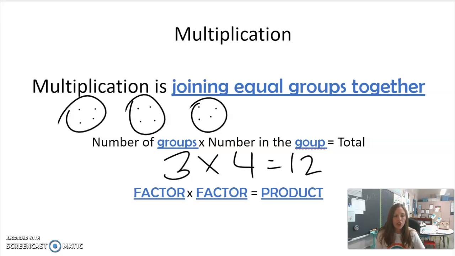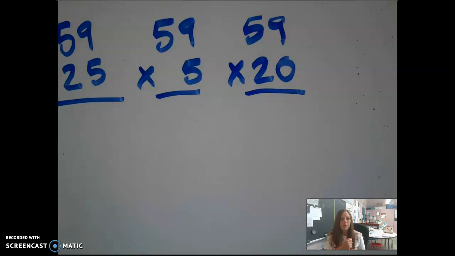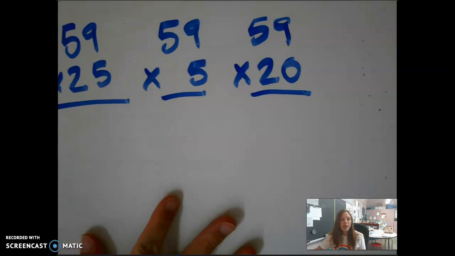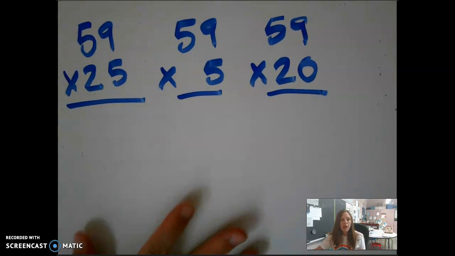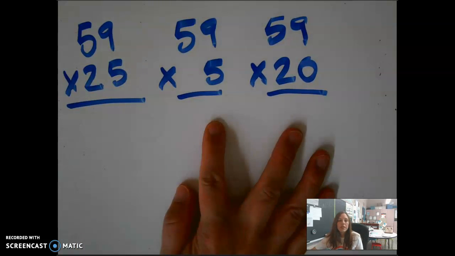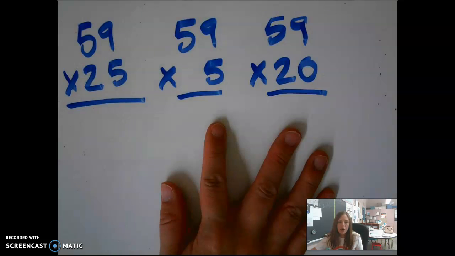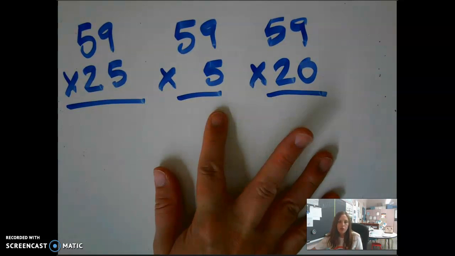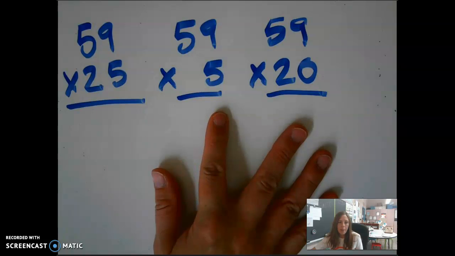Okay, now we're going to take a look at an example. Okay, this is actually the example from your Number Rock video, 59 times 25. And if you noticed, I split up our factor 25 between 5 and 20.